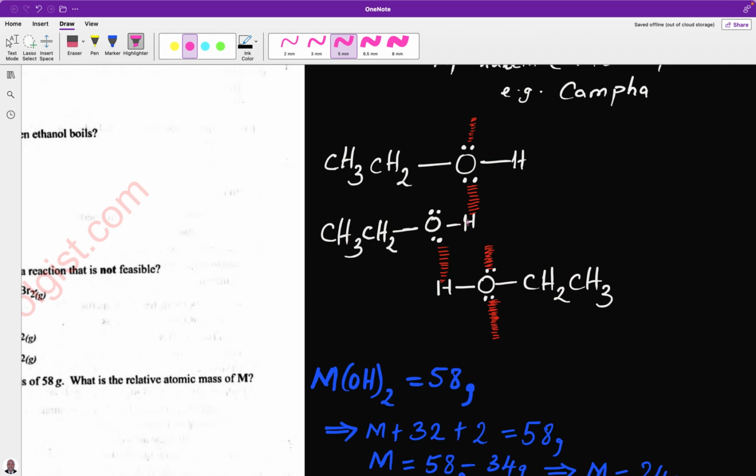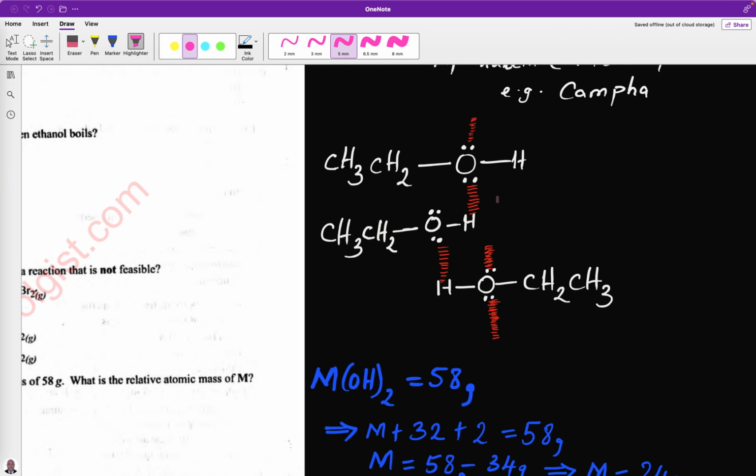This is a hydrogen. Hydrogen which is attached to a highly electronegative element, which is oxygen, is bonded to the lone pair of electrons of another electronegative element. We call that type of bond a hydrogen bond. A hydrogen bond is a bond formed when hydrogen that is attached to a highly electronegative element attaches itself to a lone pair of electrons.